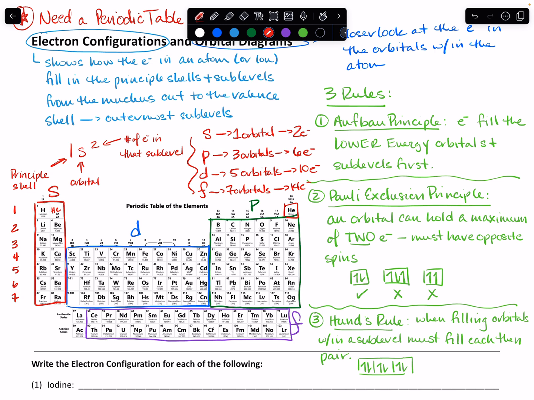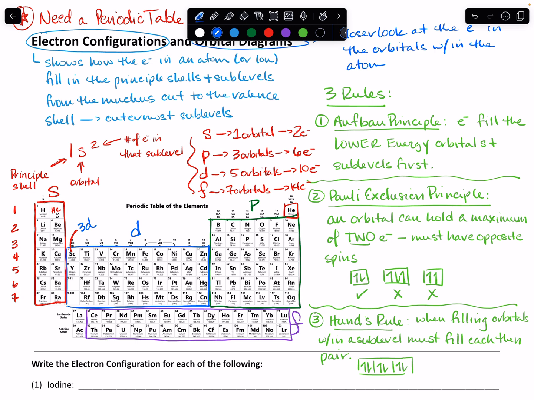Now when we talked about principal shells and what sublevels were allowed, we learned that at principal shell 3 is the first time we were allowed to have a D sublevel. So even though scandium is in row 4, it starts with 3D. Same thing when we get to cerium. When we get to principal shell number 4, it's the first time that an F sublevel is allowed.